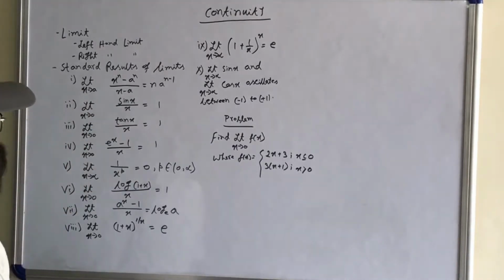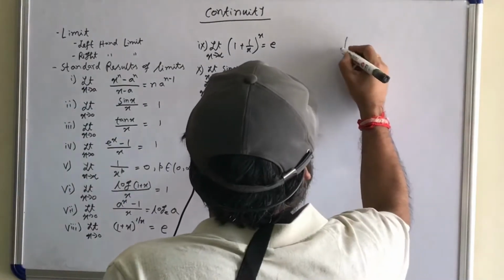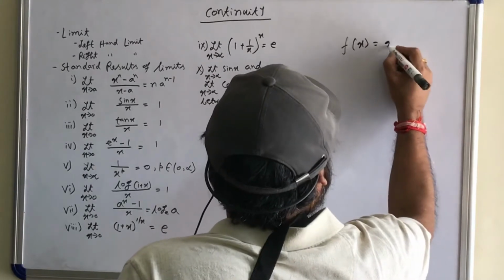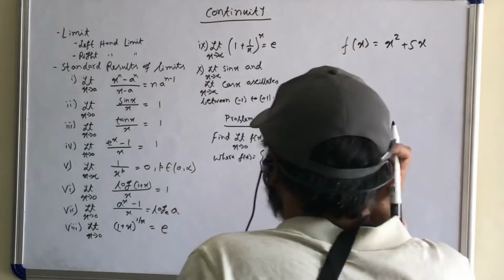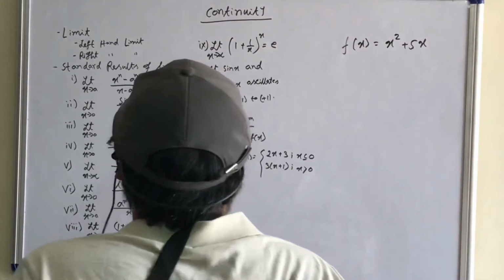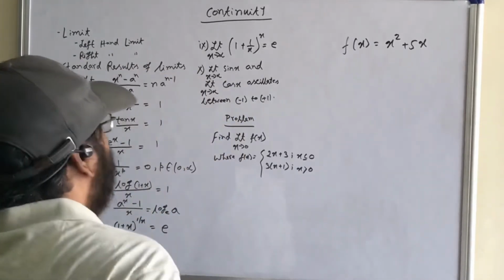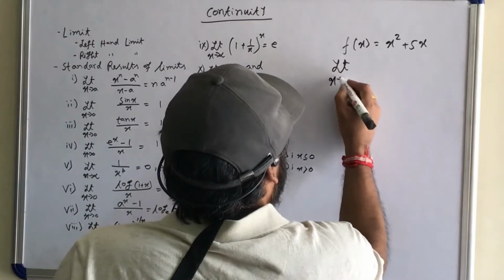What does it mean by limit? Limit means, say f(x) is a function of x, say equal to x square plus 5x. Now that particular function is not valid for all values. It has some particular limit. What is the limit? Say limit x tends to 0.